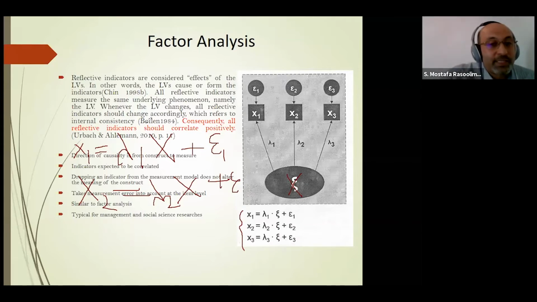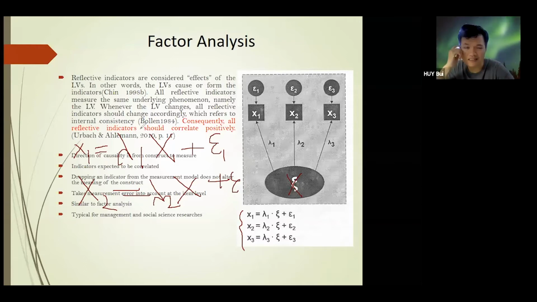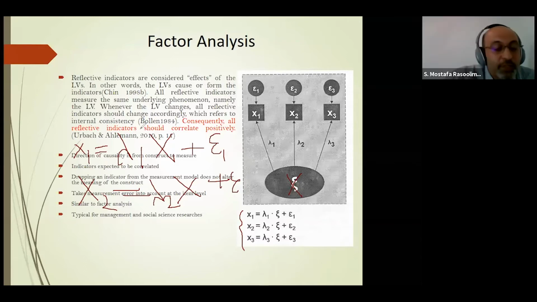So based on this, lambda 1 is similar to what in a regression equation? Beta coefficient. This coefficient is similar to beta coefficient or regression coefficient, right? And this regression coefficient shows the relationship between x and x1.